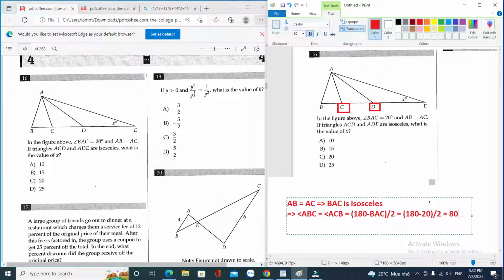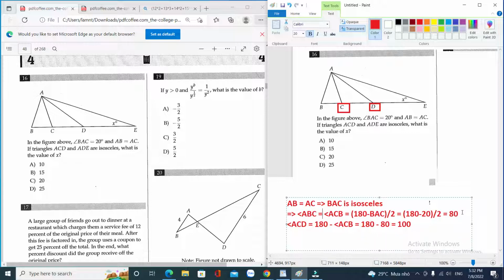Nice. Okay. But now we know that ACD is just equal to 180 minus ACB. So that's 180 minus 80. So that's 100. Okay. So ACD is 100. But we know that the triangle ACD is isosceles.